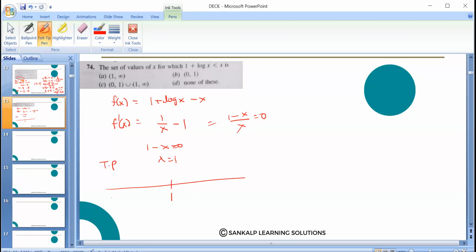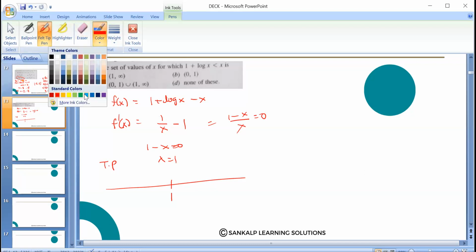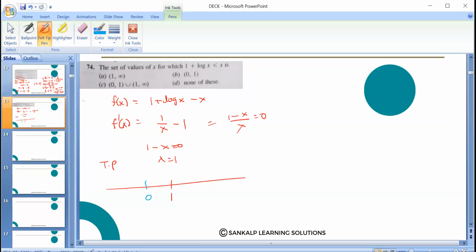Take x equal to 1 and randomly pick up points. You can't pick up 0. You have to pick up 1 by 2 and 2 and put them in the derivative, 1 minus x by x.